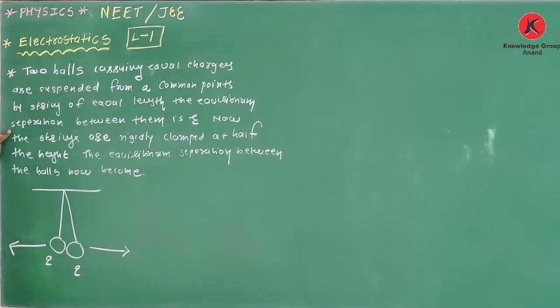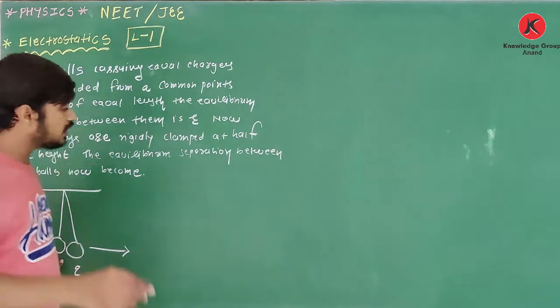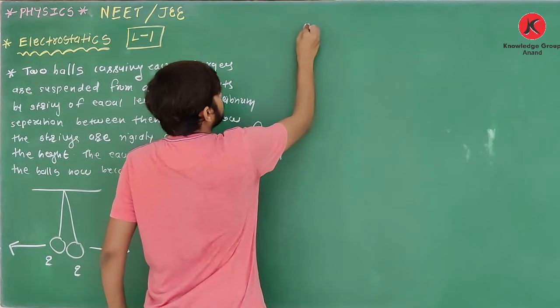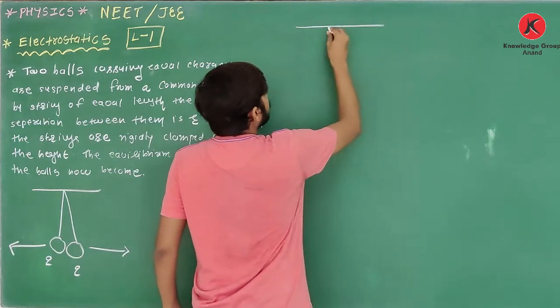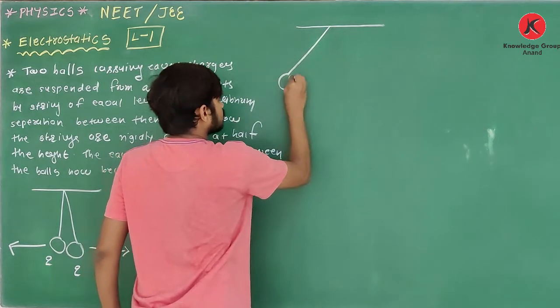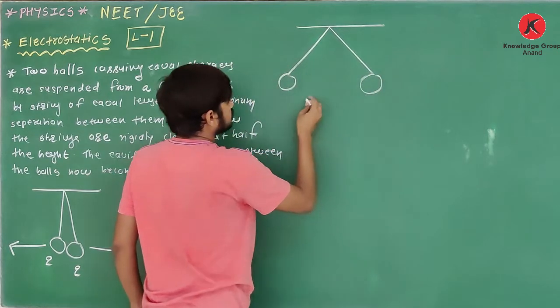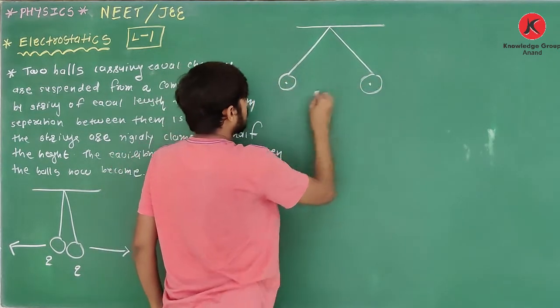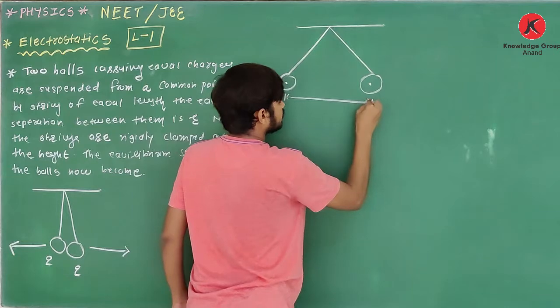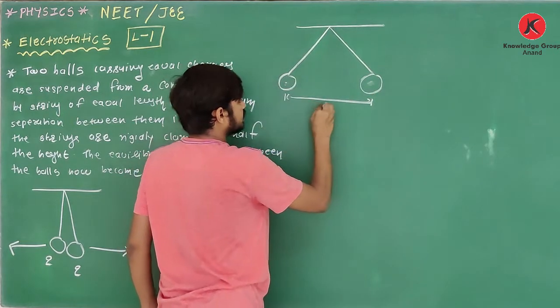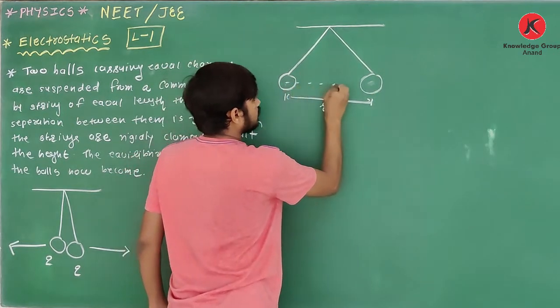The equilibrium separation between them is R. They are not like this; the equilibrium separation is R like this. The distance between their centers is R. Clear about this?